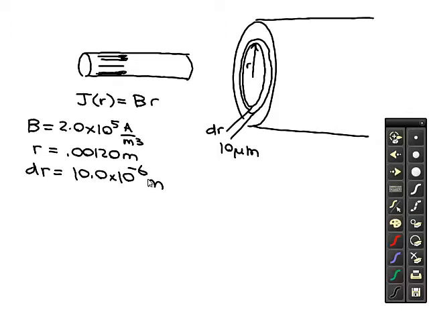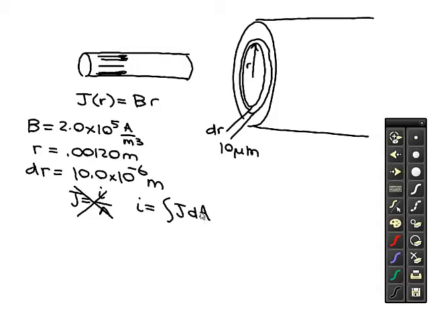Now, of course, our definition of current density is some kind of current per unit area, but the problem is that applies to a uniform current density. This current density is not uniform. So what we have to do is look at the integral of this puppy.